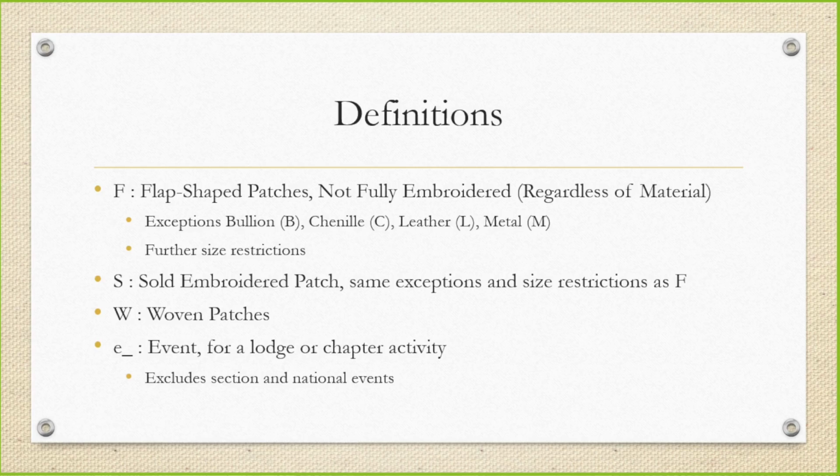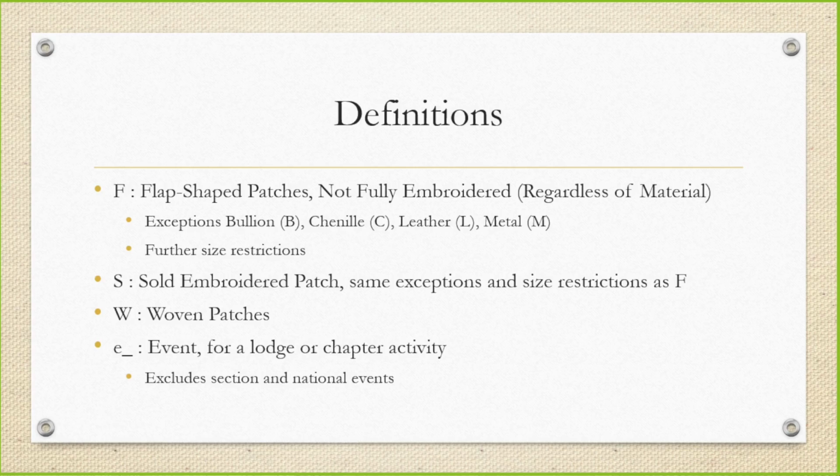Okay, so you have B for bullion, C for chenille, L for leather, and M for metal. And if it was made on those materials, even though it would fall under an F as not being fully embroidered, they were considered an exception. So we list it as those, and then everything else not fully embroidered will be an F.